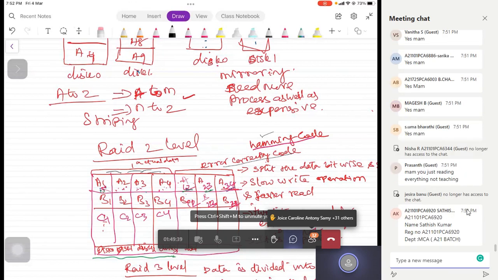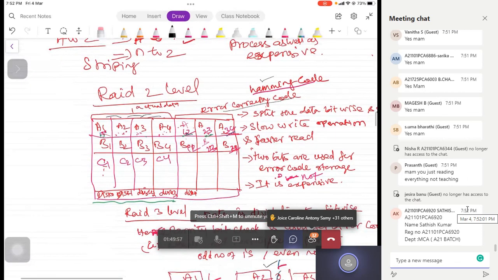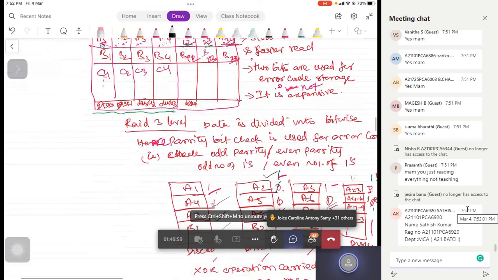If any one error bit is lost, it will be rectified from another bit. That's why 3 more disks are allocated individually. It has a very fast transfer rate, but its writing is very slow.